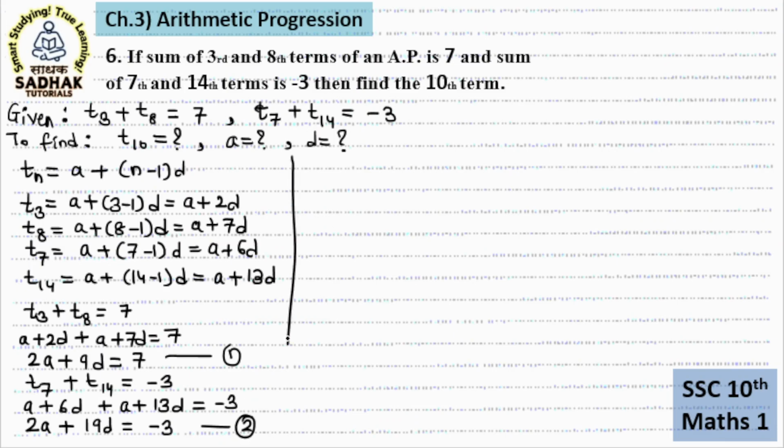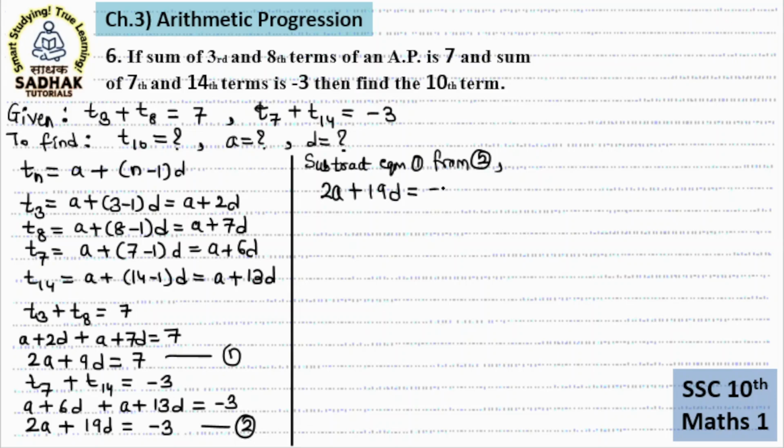So with the help of these two equations, can we find out the value of d? Yes, we can. Let us subtract equation 1 from equation 2. Equation 2 is 2a plus 19d is equal to minus 3, and from that we are subtracting 2a plus 9d is equal to 7.